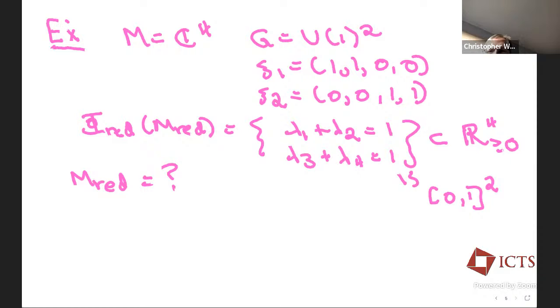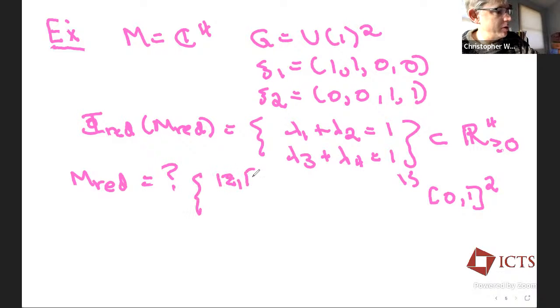Yeah, Nuno says this is the general case of Djokovic's theorem. So M_R, I'm setting z1 squared plus z2 squared to be some constant.